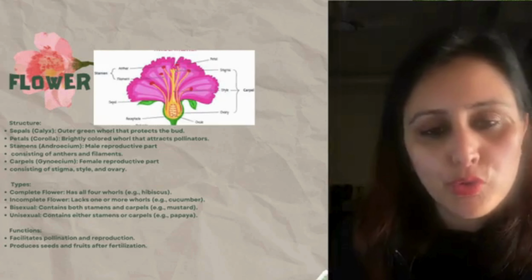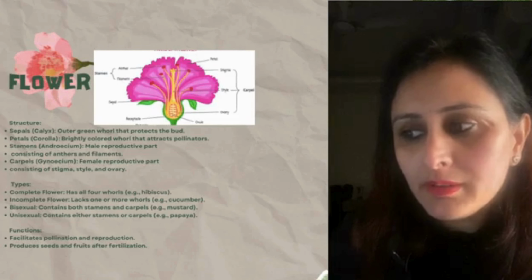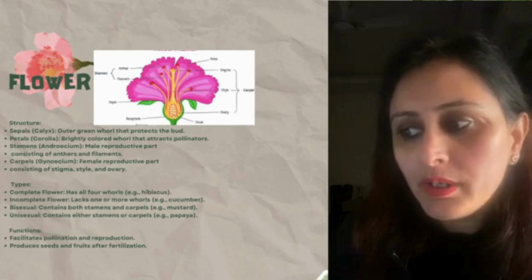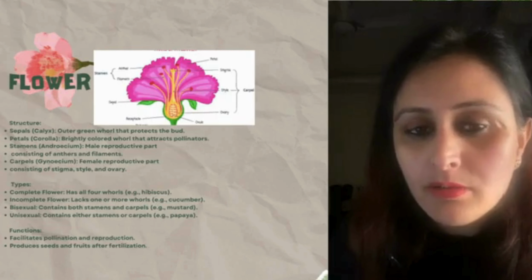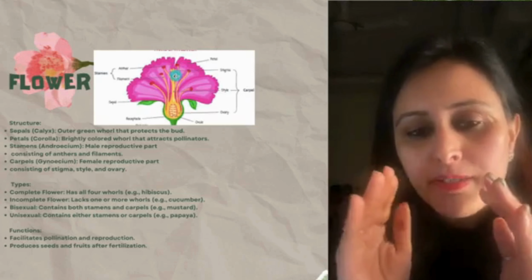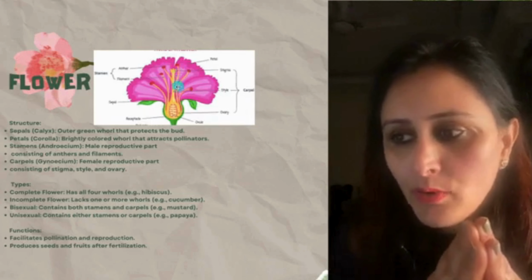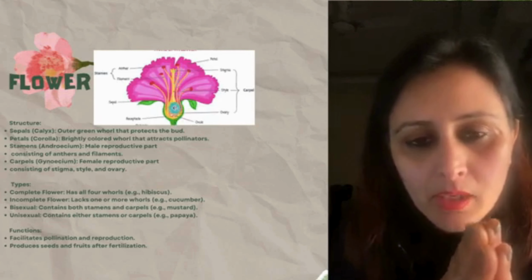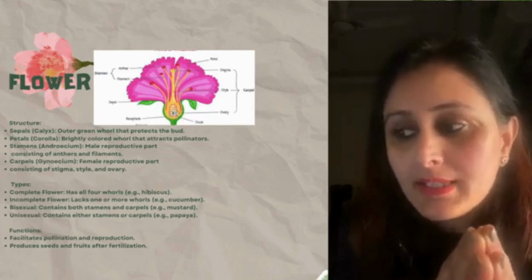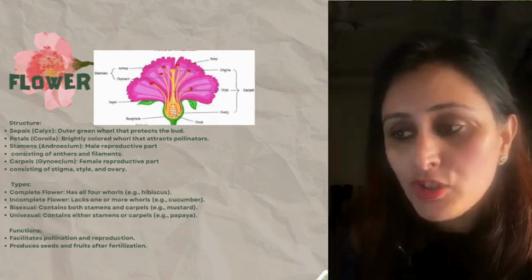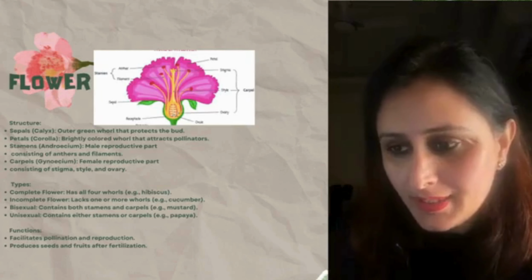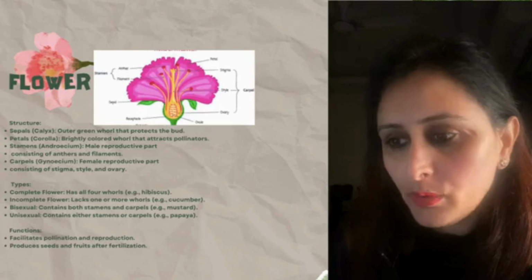So this tube makes sure that the pollen reach the ovule and fuse with it. When this fusion happens, the zygote is formed, and hence the next level comes, which is the formation of the seed. We will talk about it now.